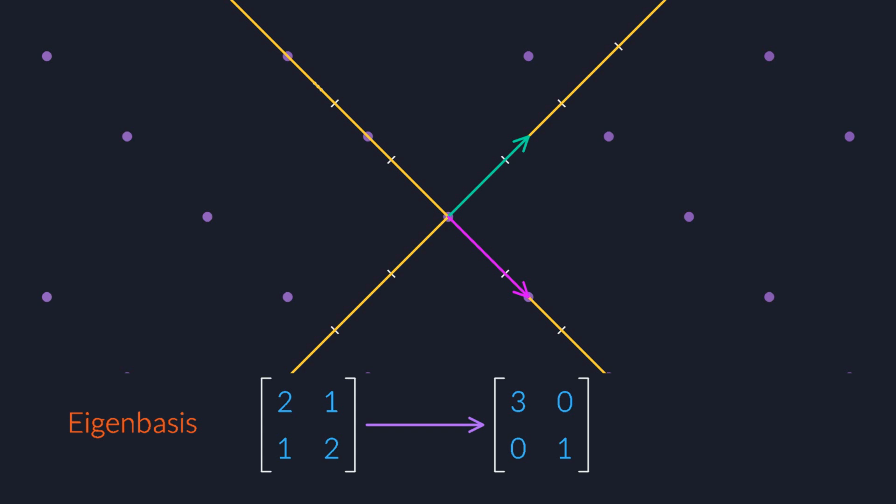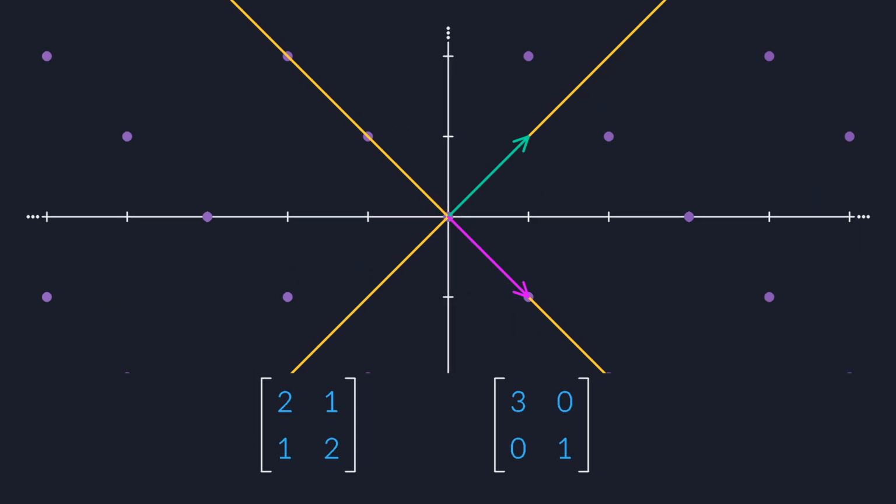I hope you've watched the previous video, where I explain how to do a basis transformation using a sandwich product. You have to put the new basis vectors into the columns of a matrix P, and then sandwich your original matrix between P and its inverse, like this.